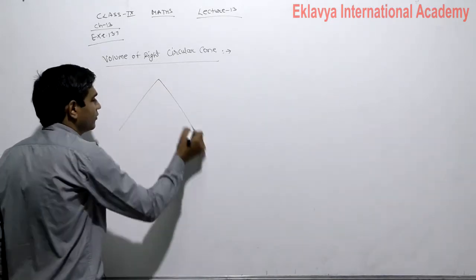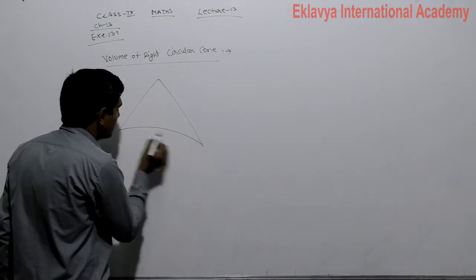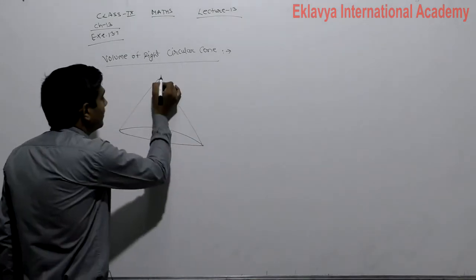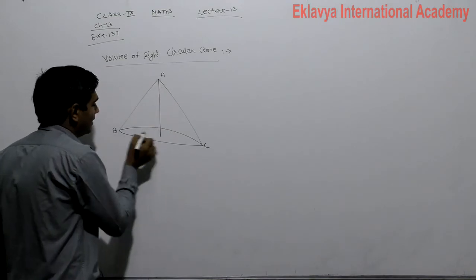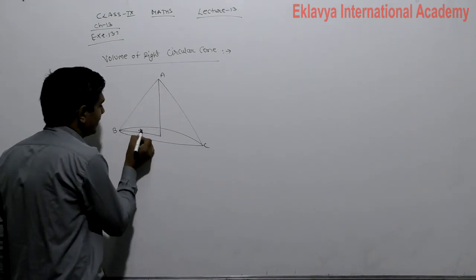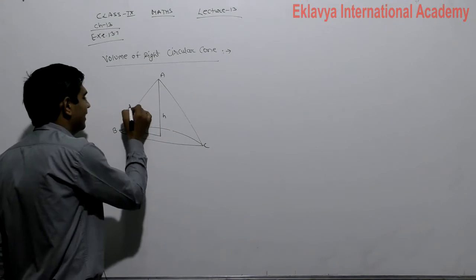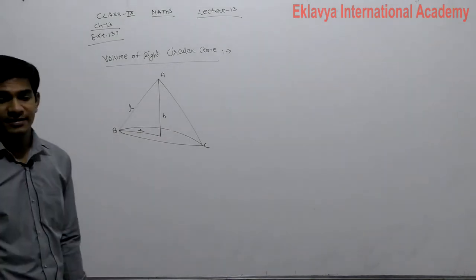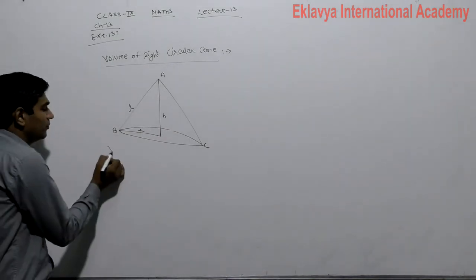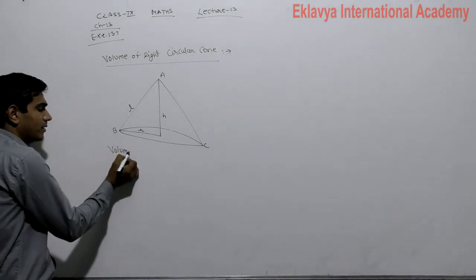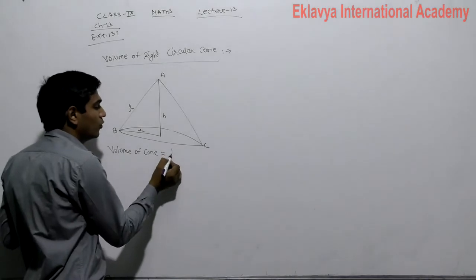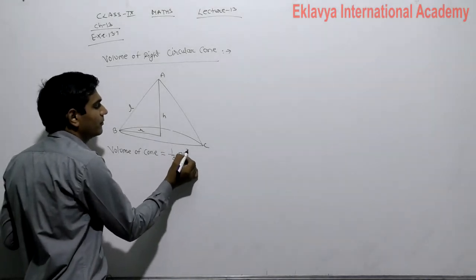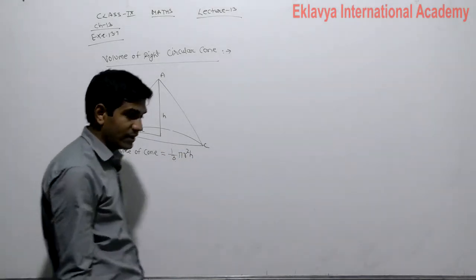A right circular cone ABC: R is the base radius, H is the height, and L is the slant height. So what is the volume? Volume of cone is equal to 1 upon 3 pi r square h.